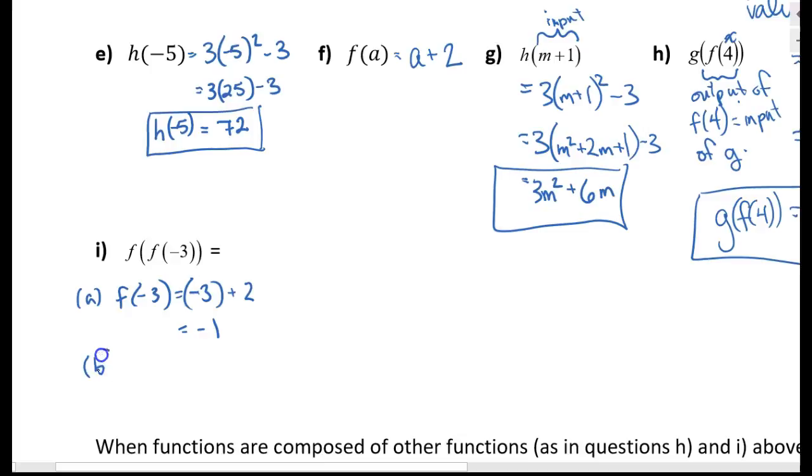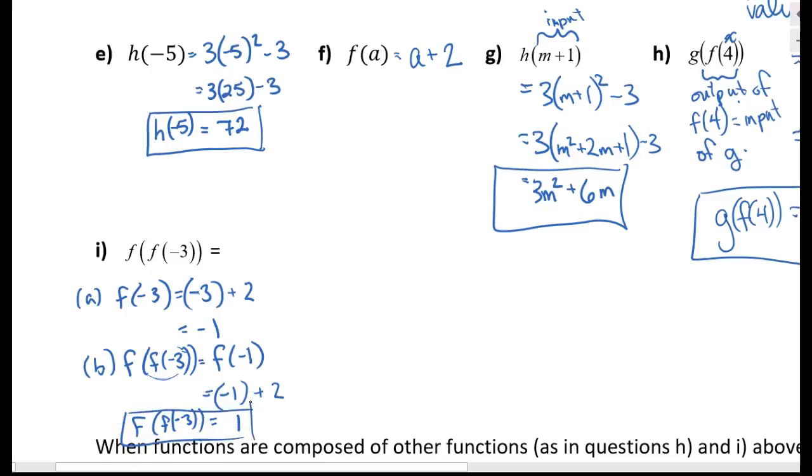Now, part B, I'm going to do f of -3, but that's the same as f of -1, because all of this here is -1. And so I can go -1 plus 2, which is +1. So f of -3 is +1. And there we go.